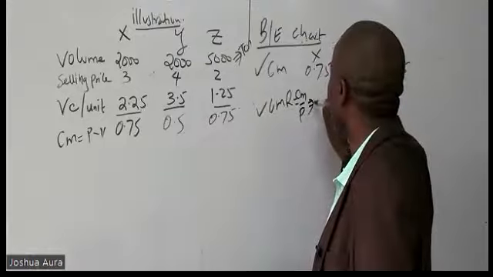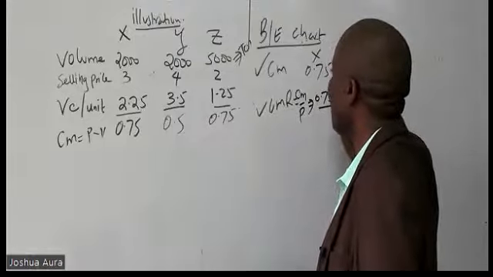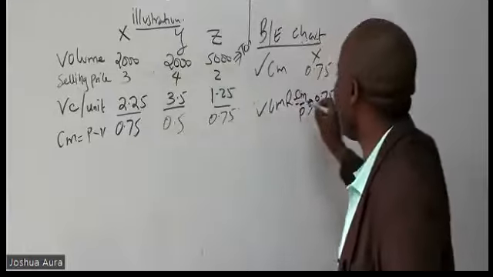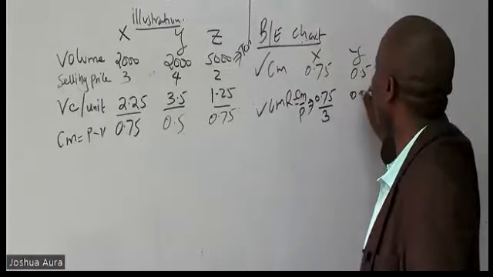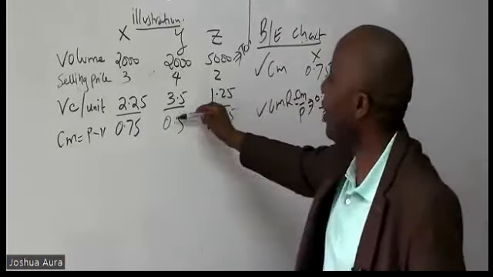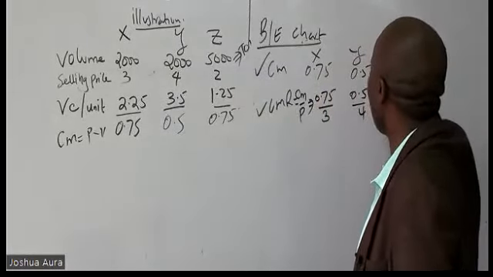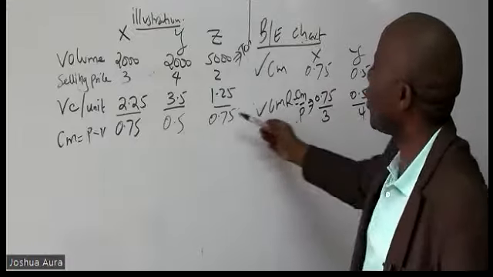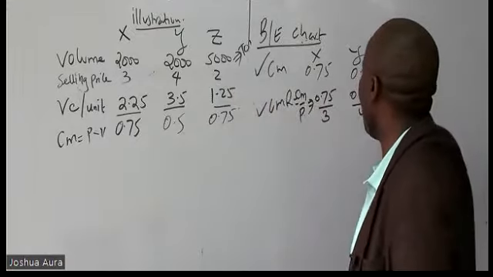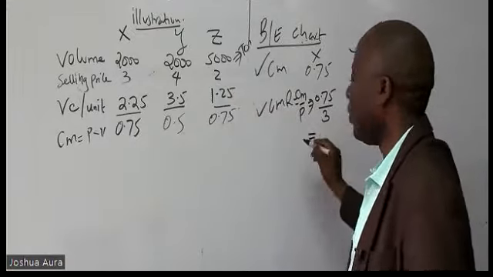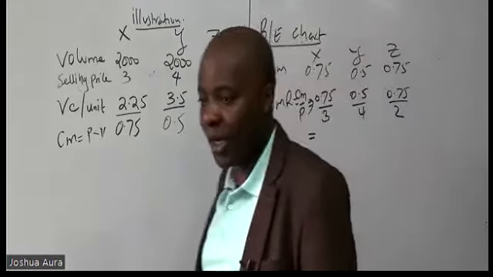So in that regard, this one here will be 0.75 divided by the price. The price is 3. This is 0.5 for Y divided by the price, which is 4. This is 0.75 divided by the corresponding selling price, which is 2. Could you kindly give me these figures very fast?